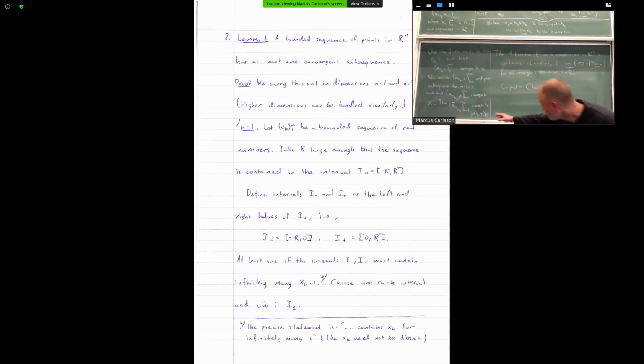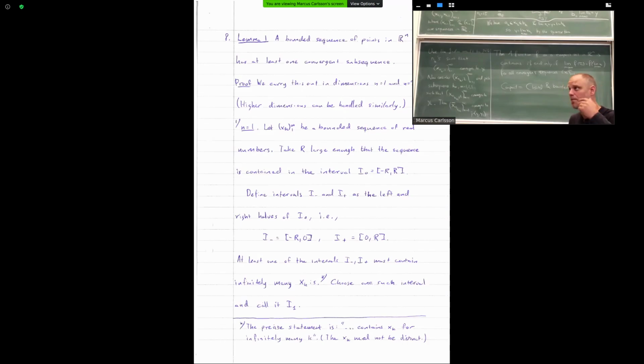Because the sequence I wrote there has a first coordinate which runs through a subsequence of the subsequence that was known to converge. So a subsequence of a convergent sequence is still convergent, right? And the second coordinate converges because we chose the subsequence n_{k_m} so that it converges. So now we have a first component that converges, a second component that converges, and then the object in R2 also converges, right?